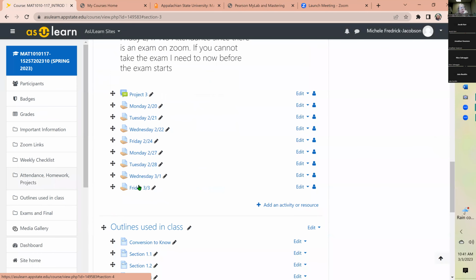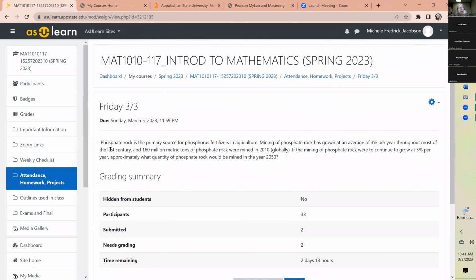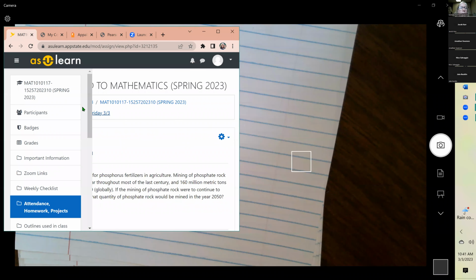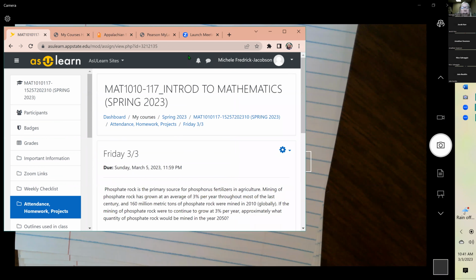Okay, so if we look at Friday's attendance problem, it says, let me shrink this a little. There we go.